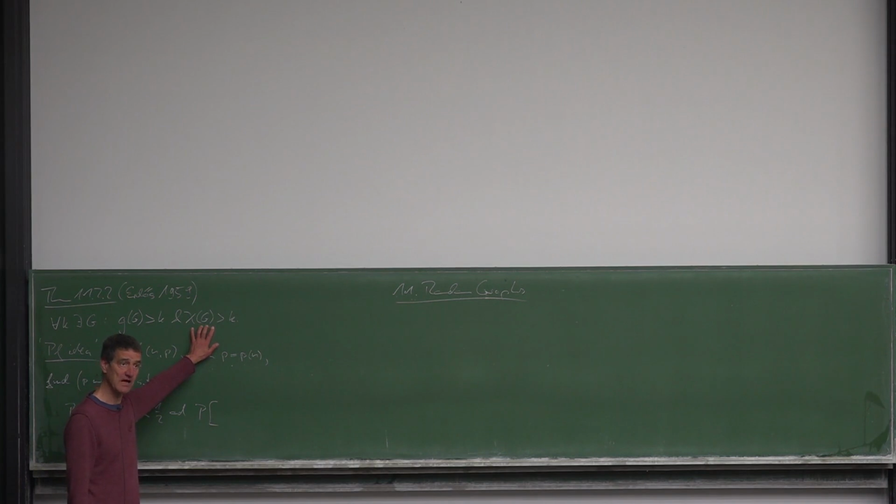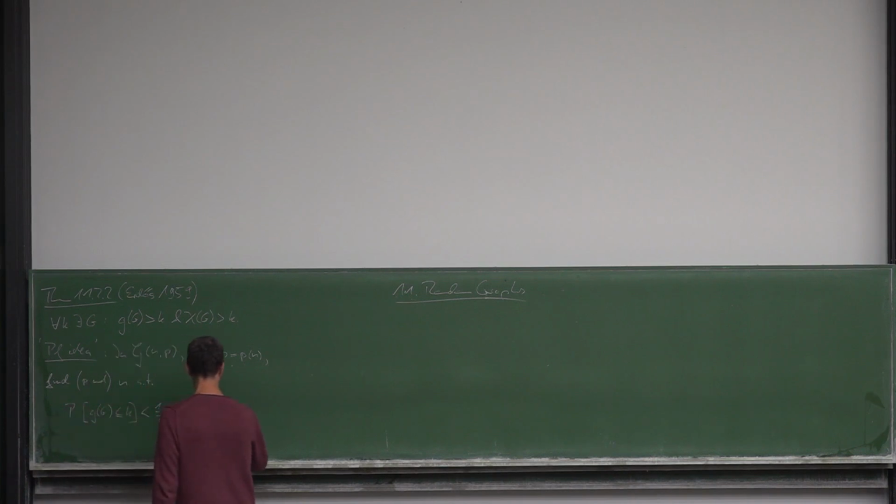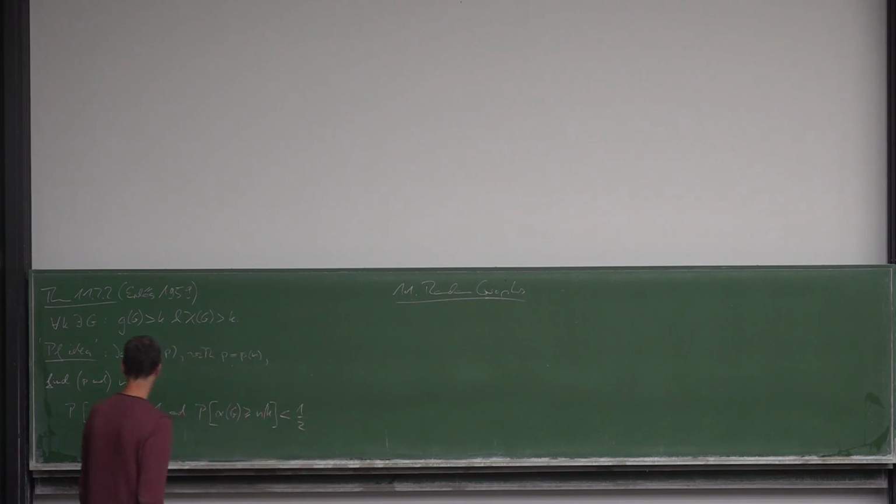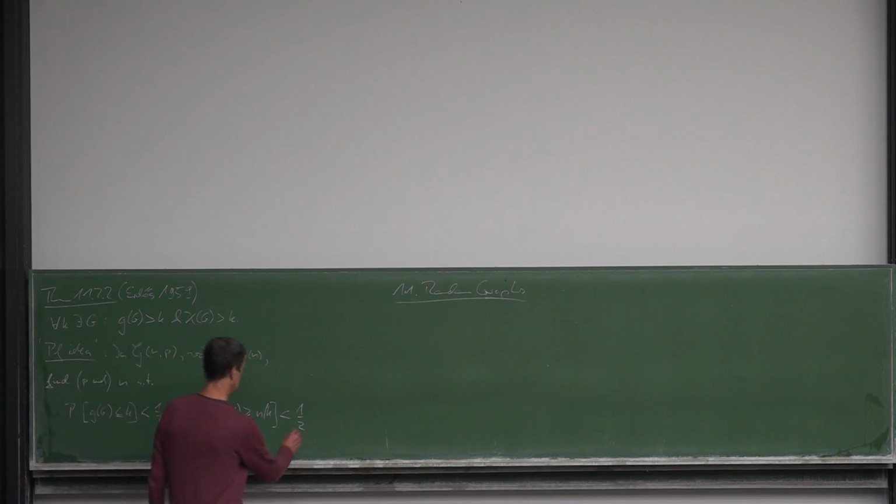Small chromatic number at most k, which we don't want, will require that at least one of the color classes is big, namely at least n over k, and so we'll make that unlikely. So the probability that alpha is at least n over k shall also be less than half. That's the idea.